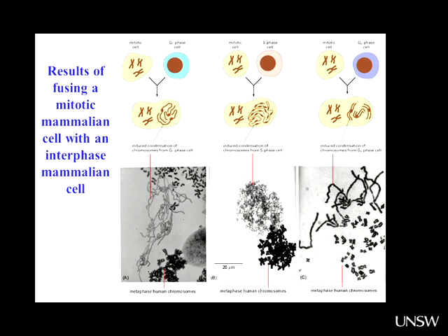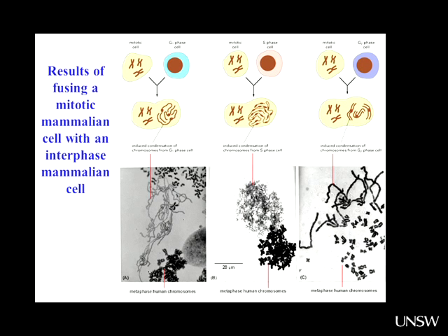Now, the G1 cell still has a nuclear membrane, but remember, when you go into mitosis, the nuclear membrane has to break down so that we can separate the chromosomes. So no nuclear membrane in the mitotic cells. And what they found when they fused those two together was the cell that was in mitosis continued on its normal progress through mitosis, but the cell that was in G1, it induced the nucleus to break down and the chromosomes to start condensing, as if they were getting ready to go into mitosis, even though they had not replicated their DNA.